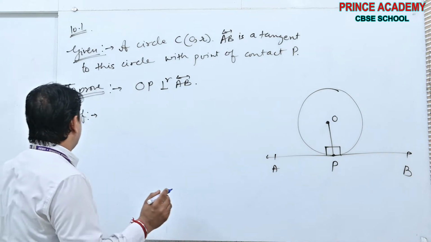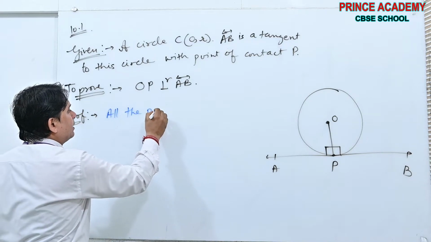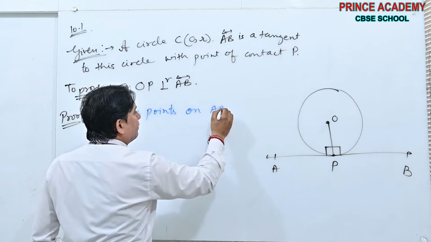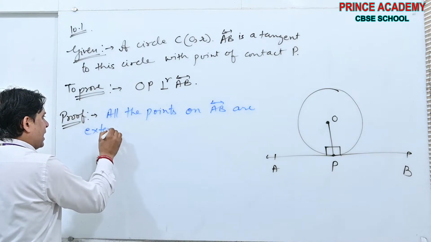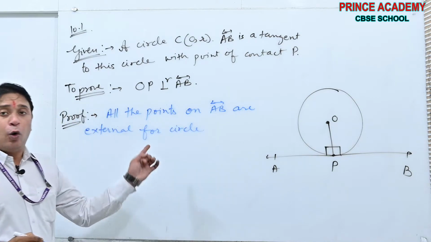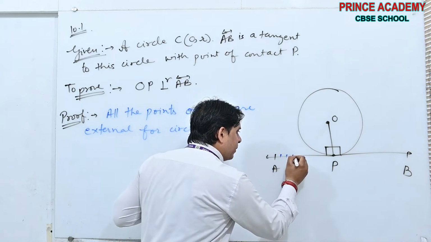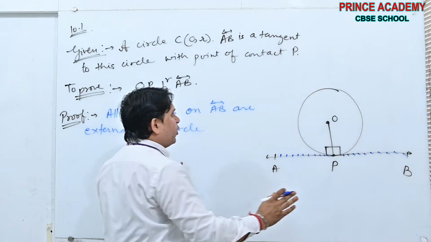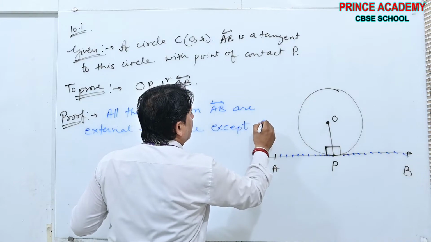Once you see, all the points on AB are external for the circle. Yes or no? All the points on AB, see beta, every point on AB is external for the circle except P. Why?